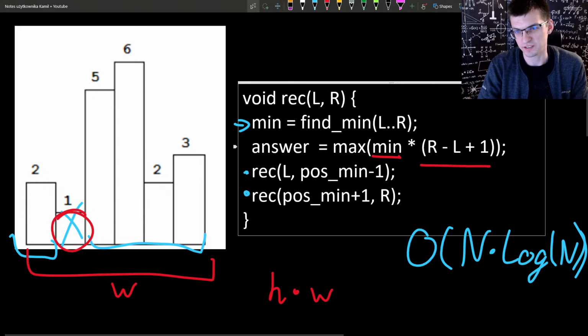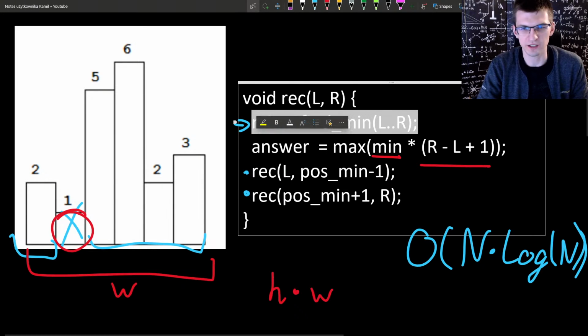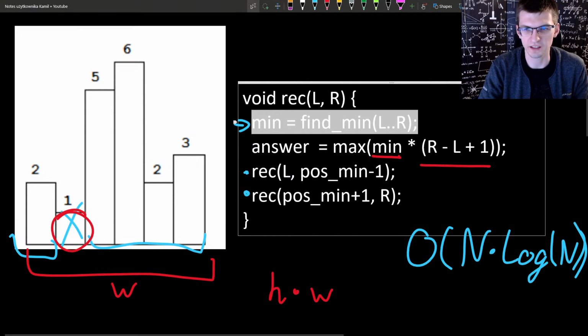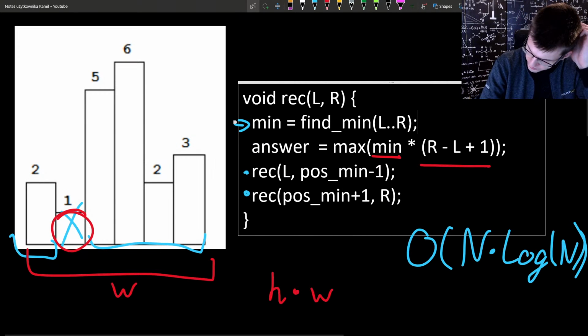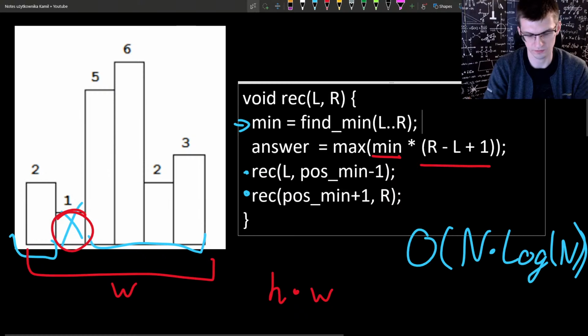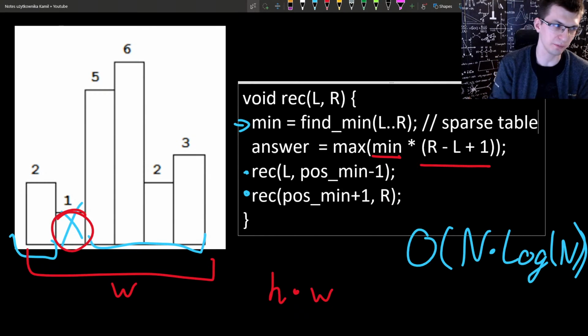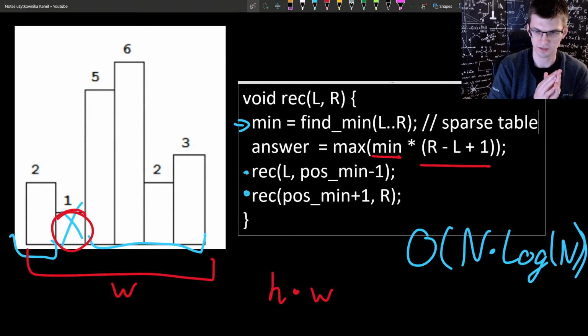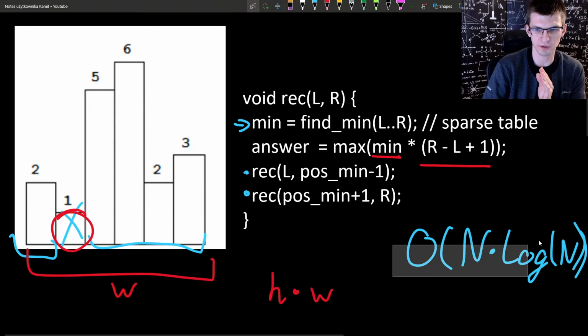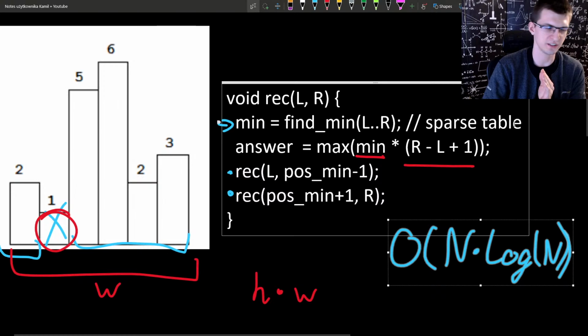Can we do something else? Oh, by the way, if we want to again go into the competitive programming field, then this can be used as well with a sparse table, even better, even more straightforward. Then it's in constant time after proper preprocessing. Still, the total complexity will be n log n. Sparse table is an alternative to segment tree.